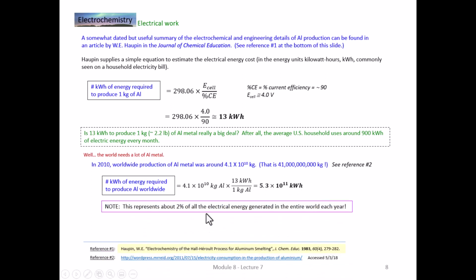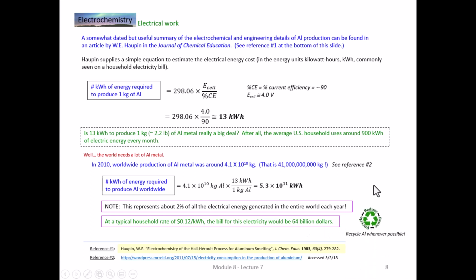It turns out that that's about 2% of all the electrical energy generated in the entire world every year. At a typical household rate of about 12 cents per kilowatt hour, if you were the one paying for this electricity to produce aluminum, your bill would be about $64 billion. So once again, we say recycle aluminum wherever possible.